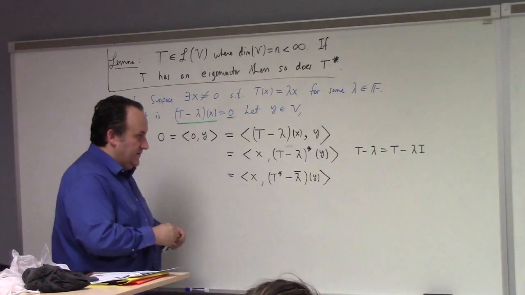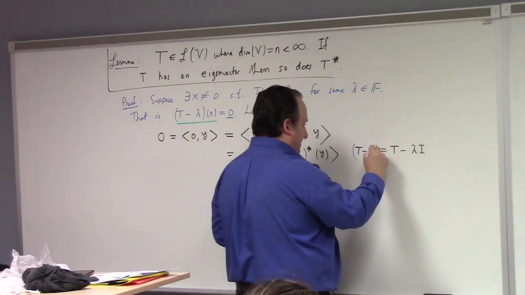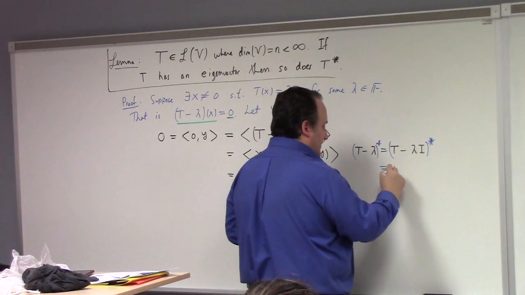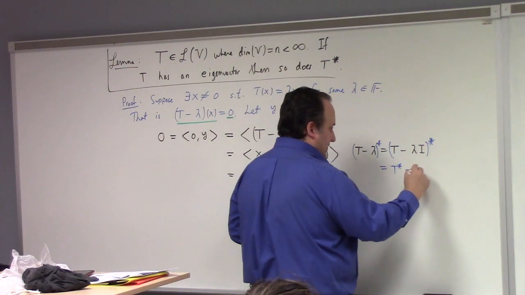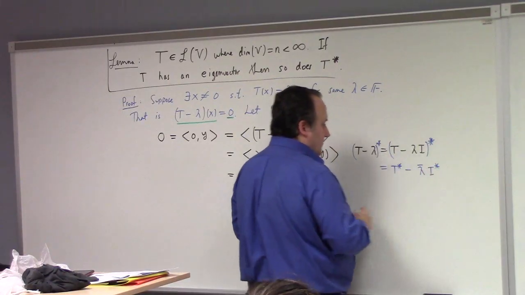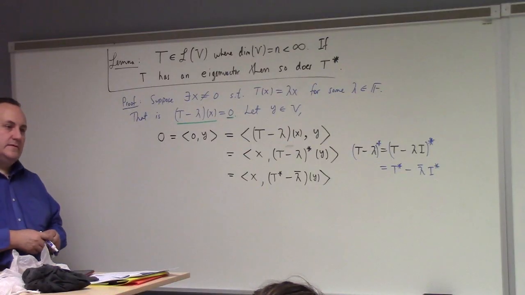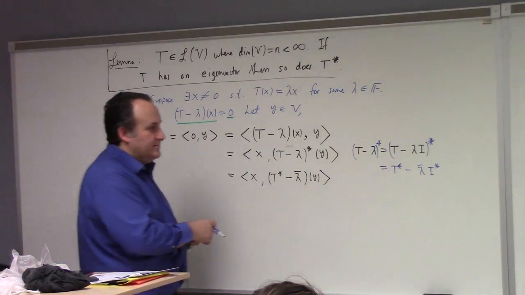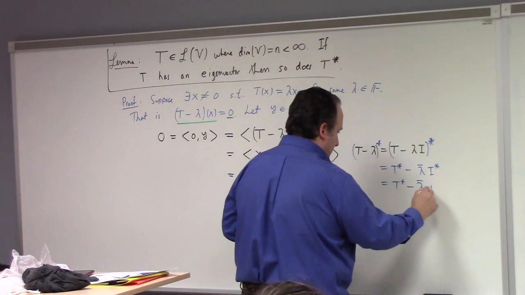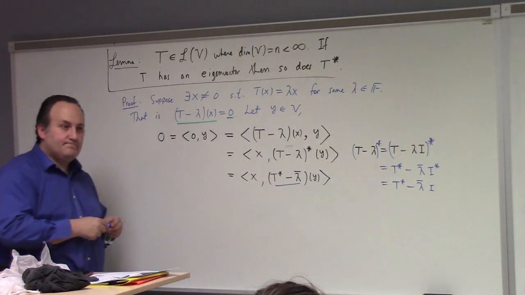Because when you take the adjoint of this, that's T star minus lambda conjugate I star. When we take the adjoint, the constant gets complex conjugated, and I star is just I again, right? So this is just, which I write as an abbreviation for.